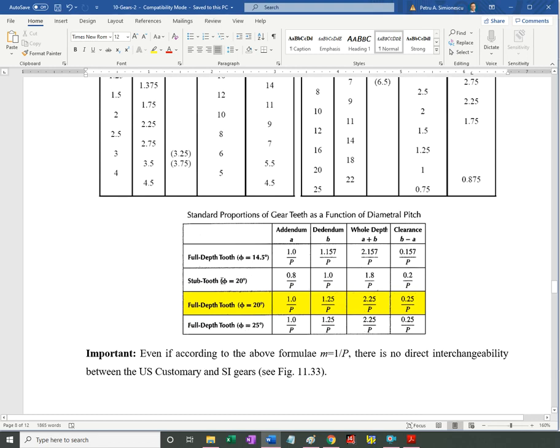Other than the pressure angle, the rack angle, 20 degrees, 14.5, and 25, also standardized are addendum as a multiple of 1 over capital P, or module.